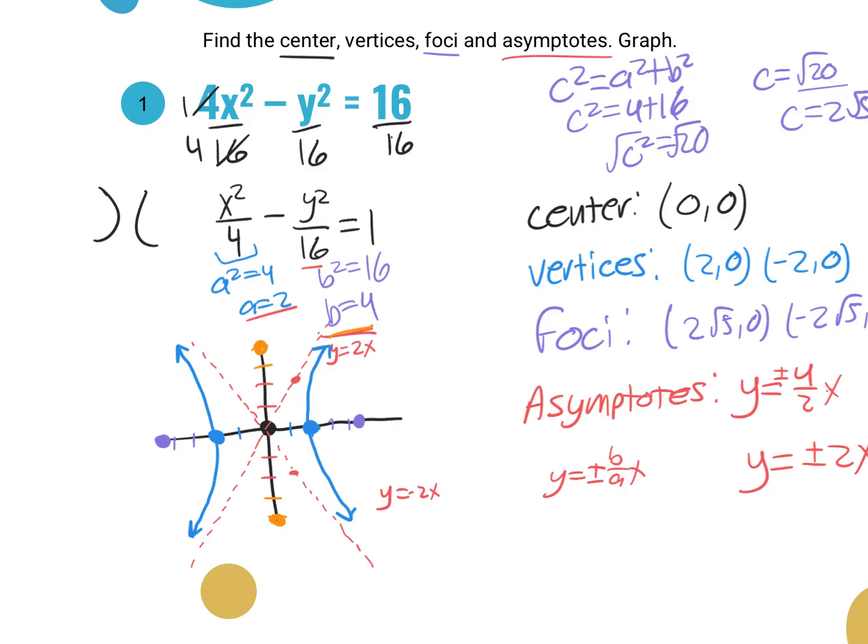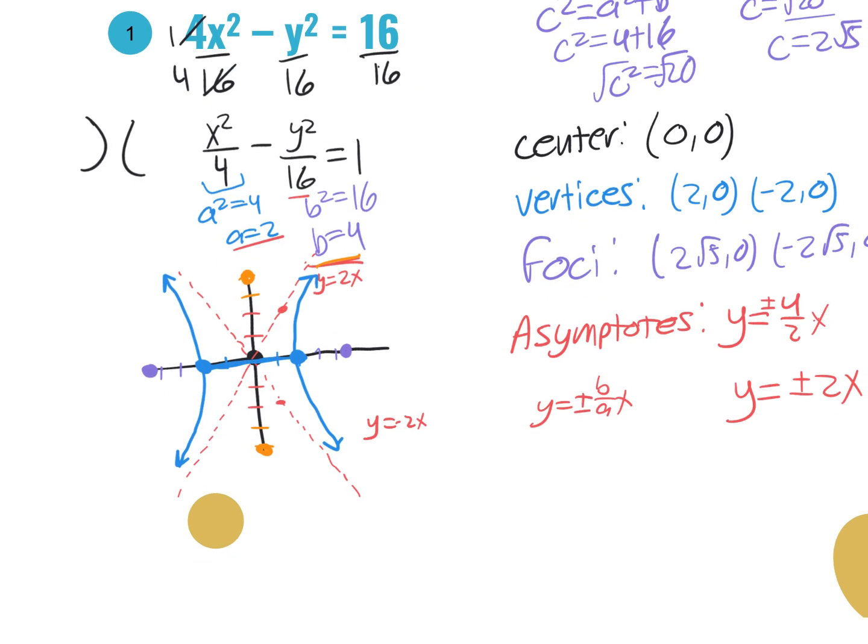Another thing that we have is the transverse axis, right? Remember, the transverse axis is from your vertex to the other vertex, and that means your transverse axis, I'll write it down here, transverse axis, the length is 4, right? 4 units, 1, 2, 3, 4.